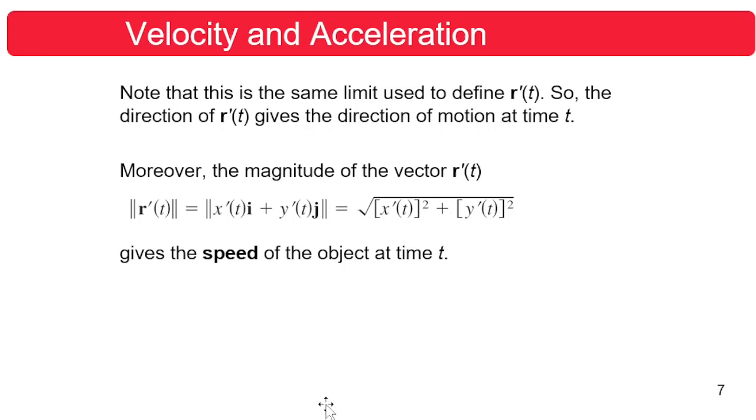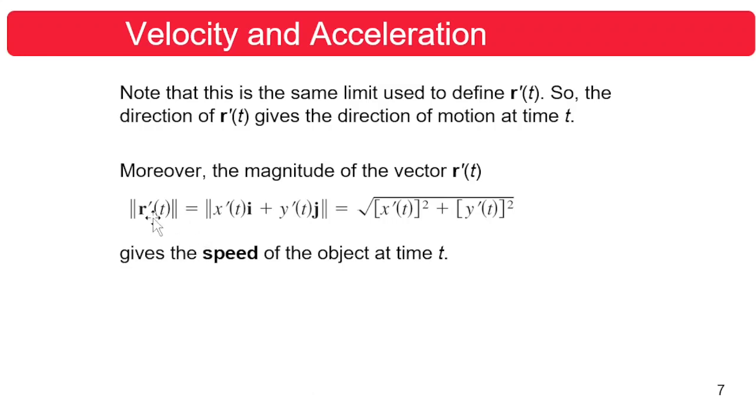Note that this is the same limit used to define the first derivative of r of t. So the direction of r prime of t gives the direction of motion at time t. Moreover, to calculate the speed of the object at time t, we have to obtain the magnitude of the vector r prime of t.